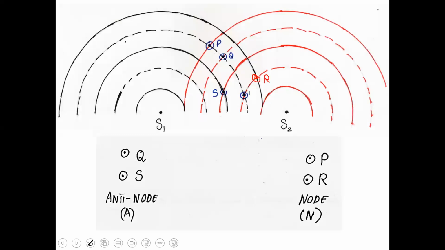Remember, the continuous lines are crest and the dotted lines are trough. I will ask one simple question. Look at this diagram carefully.